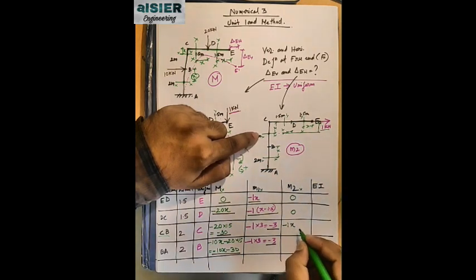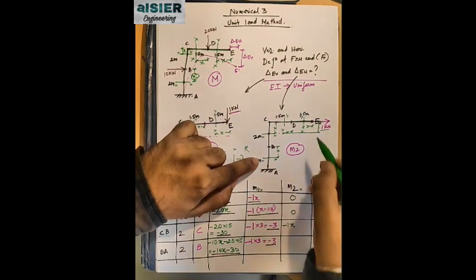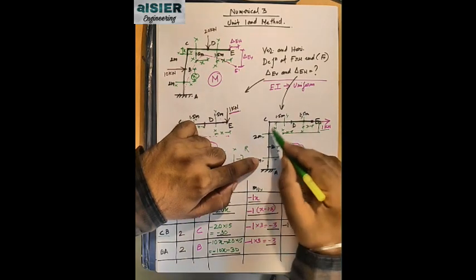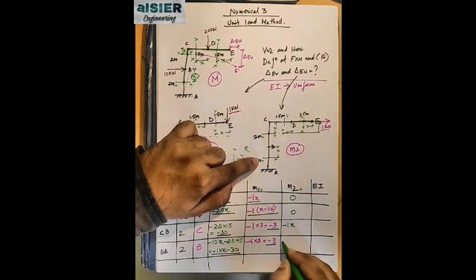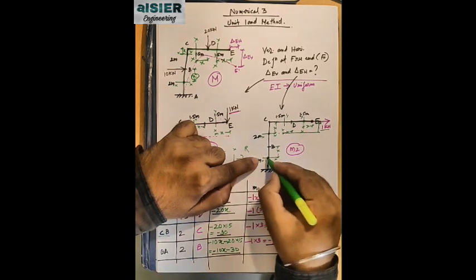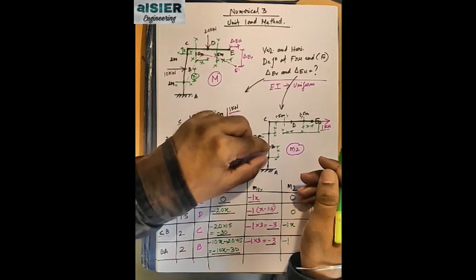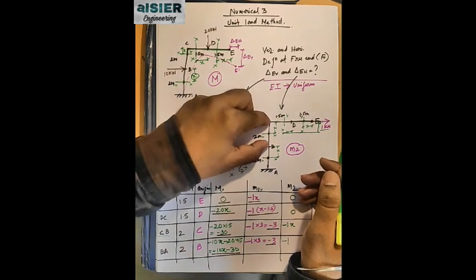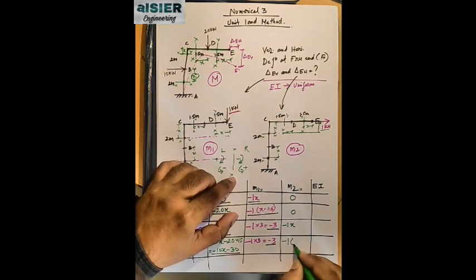I will multiply it with x. Now at this section, again there is only one load on the right side of the section and this 1 kilonewton is rotating clockwise, so minus 1. Fine. And what is the distance from this point to this point? The perpendicular distance is, this is x, right, and this is 2 meter. So 2 plus x or x plus 2.